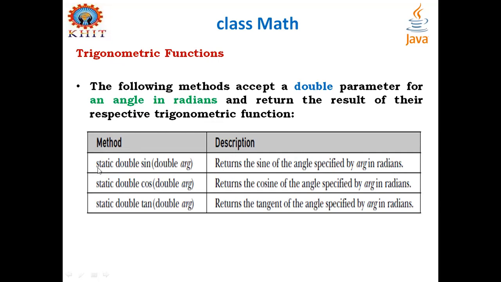For example, the sine function returns the sine of the angle specified by the argument in radians. Like this, sin, cos, tan are the supported trigonometric functions. You can directly invoke these in our Java programs, because java.lang is a built-in and widely used package in all Java programs.